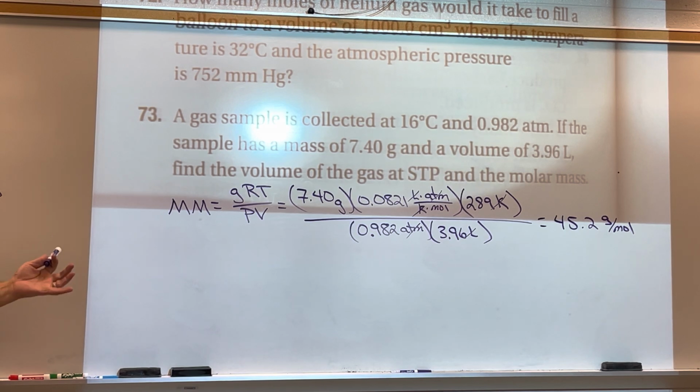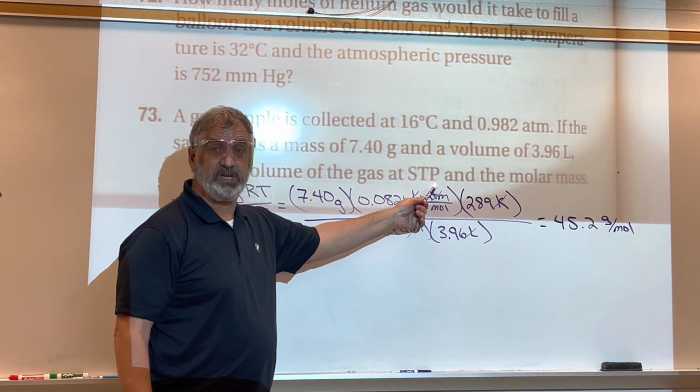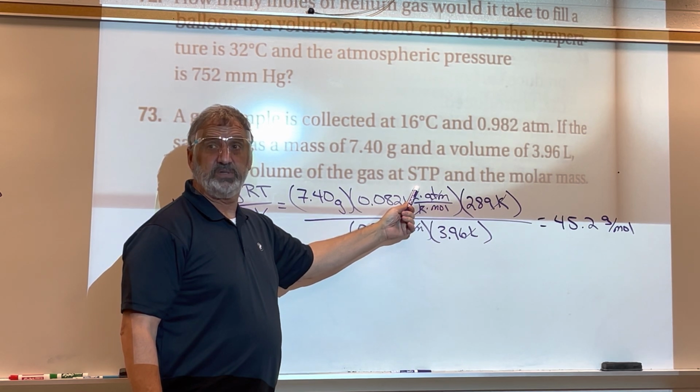Now, how would we find out what the volume of the gas is at STP? We need a new volume, right? So now all of a sudden we have a new set of conditions. We have new temperature, new pressure, and we want a new volume. So what should we do?